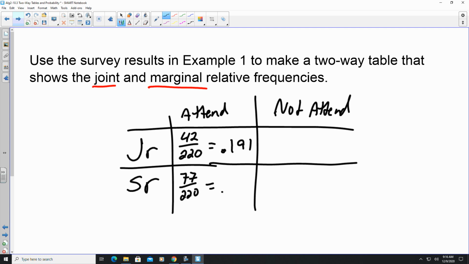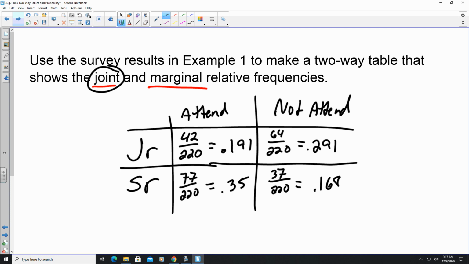That gets to about 0.35. And then over here, this was 64, so it's going to be 64 over 220, which is equal to 0.291. And then here, this one was 37 over 220, which is equal to about 0.168. All right. So all of these things that we just did are with respect to joint relative frequency.